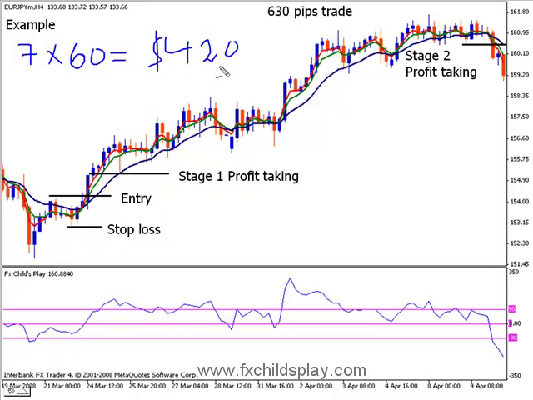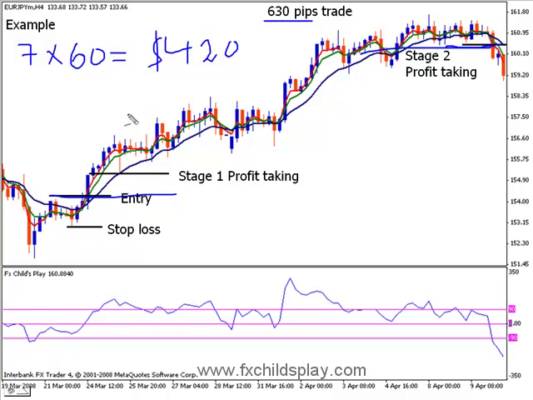$420, and as we can see there is no exit signal occurred until here. Here all the moving averages crossed in the opposite direction, as you can see here, and this whole movement from here to here gave us 630 pips.